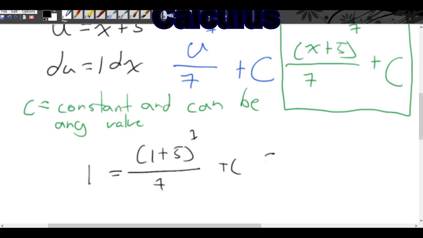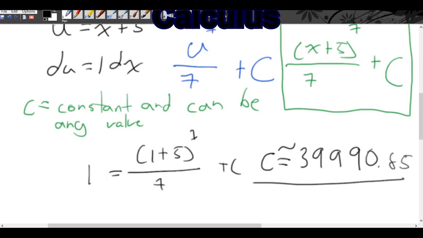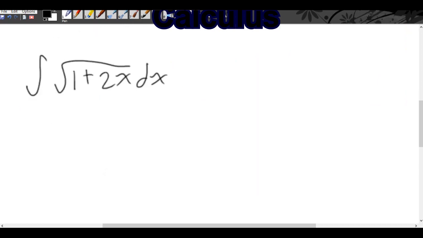Our c will be approximately, let me double check again, around 3,990.85. I think that might be the approximate value. The thing is, if we are given some particular coordinates of x and y, we should be able to figure out our constant c.